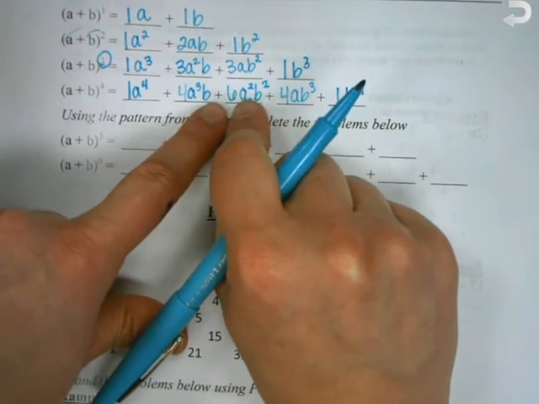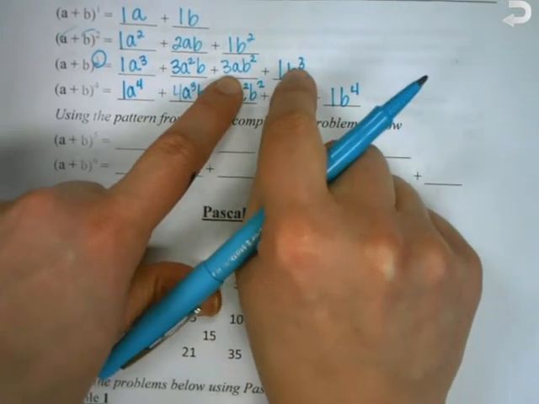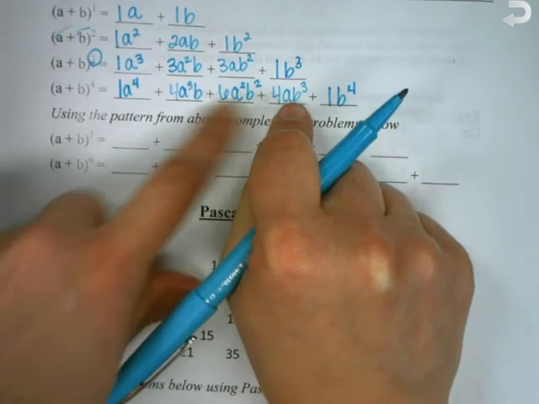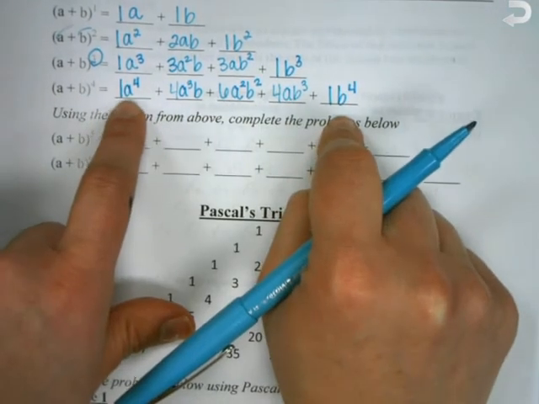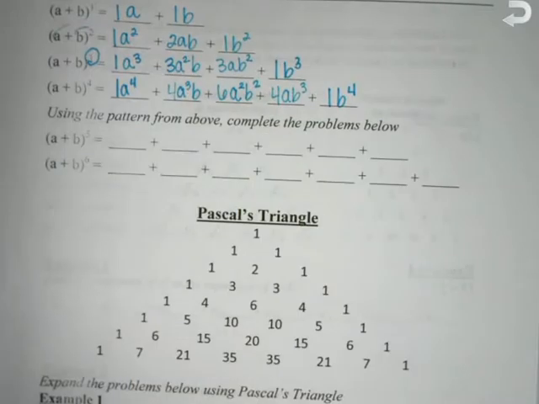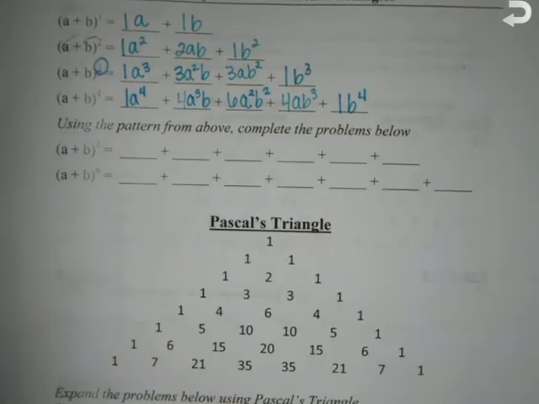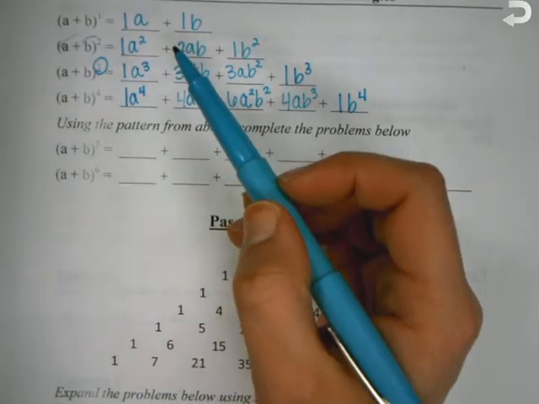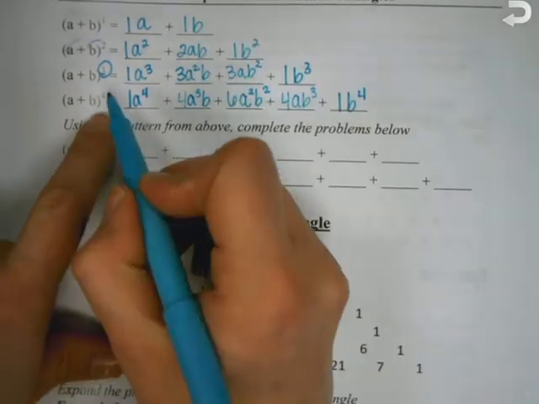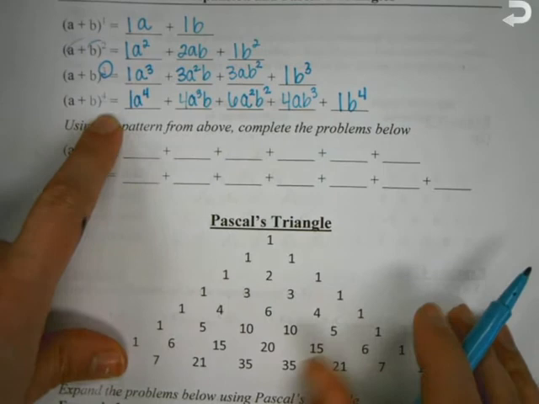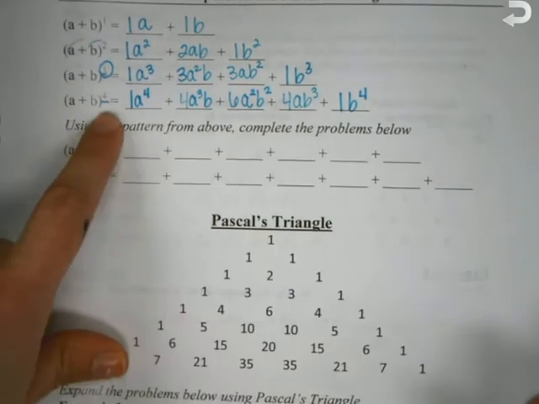Okay, what about the exponents? Do you guys notice a pattern about the exponents? Yeah, there's an add-on every time. Yeah, we add 1 every single time to the exponent. And it starts with the power that we're trying to find, right? So our exponent is 4. So we start with the first term, which is a, and we raise that to the 4th.